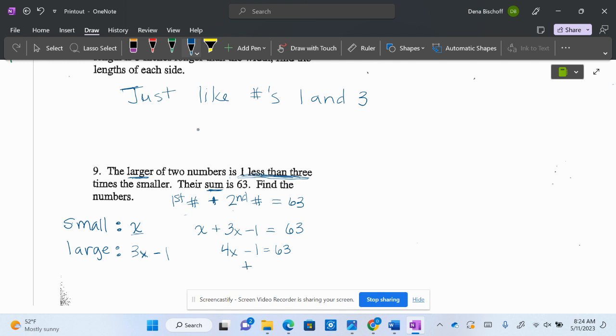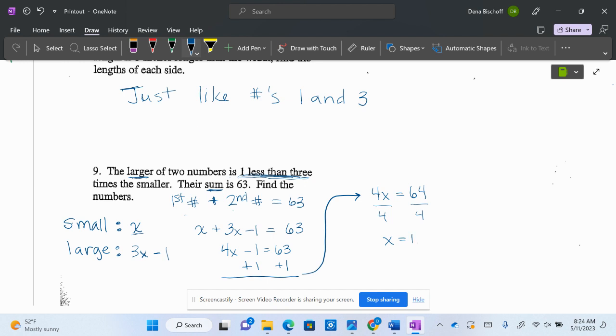I'm going to add 1 to both sides. I'm going to move that up here because I'm running out of space. So when I add 1 to both sides, what do I have? I have 4x equals 64. Divide both sides by 4.